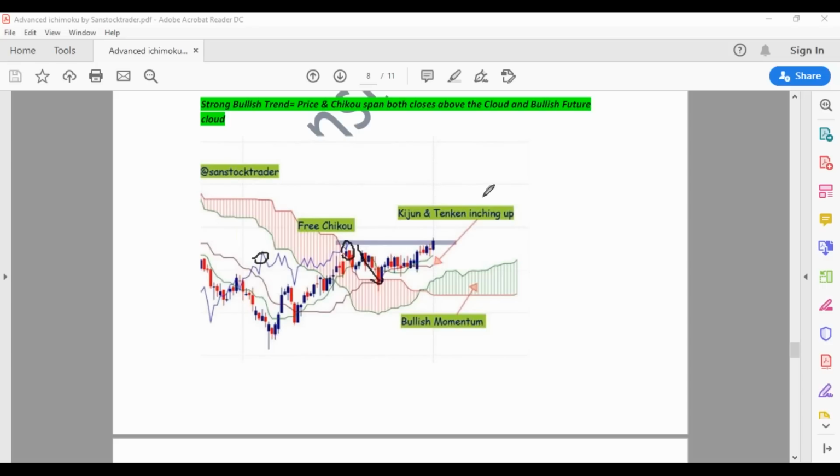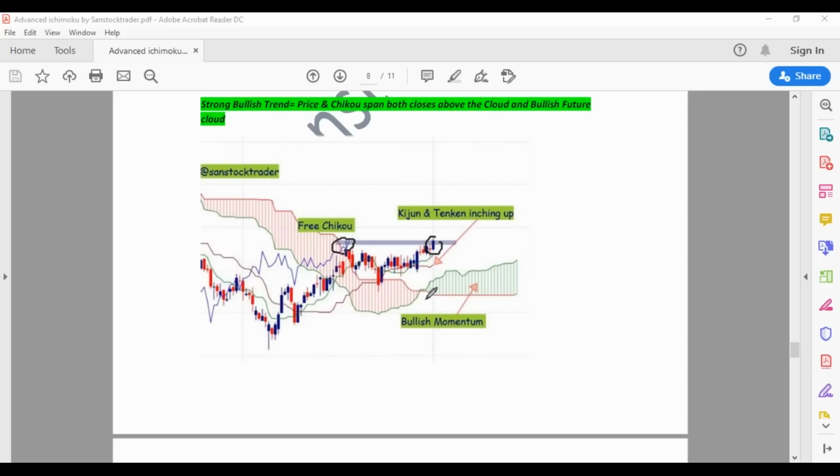Now, this was the point. This is the point when price is already above the cloud, and even the Chikou Span crossed the cloud. When the Chikou Span crosses above the cloud, I call it a free Chikou, and this is the sign of a real strong trend.